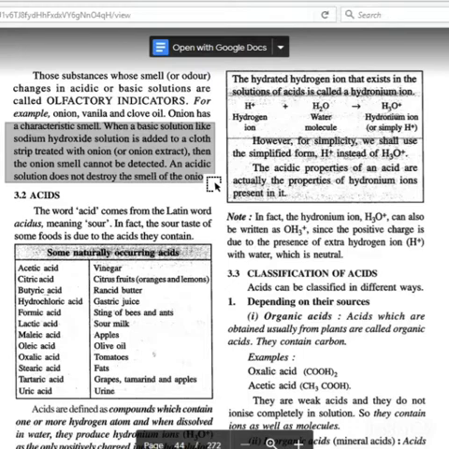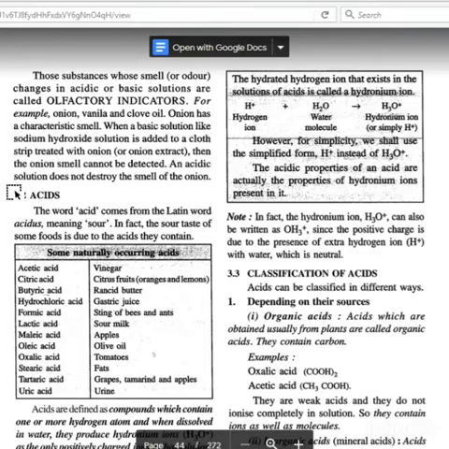But if it is basic, then its particular smell will not be identified. It means again to identify whether the solution is acidic or basic, we are using an olfactory indicator, that is onion.